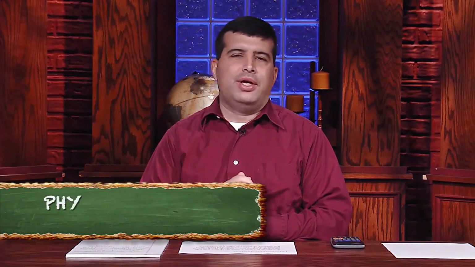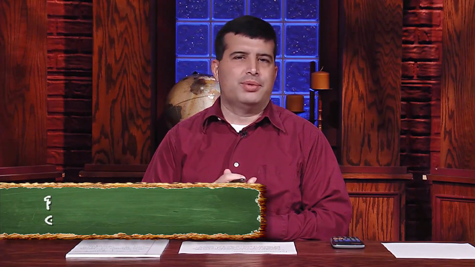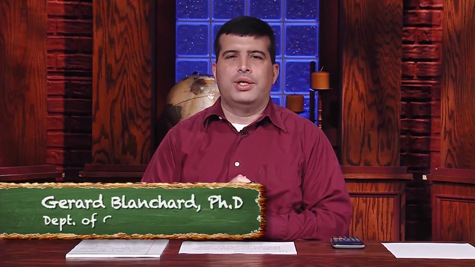Now I'm going to use this example and teach you something that we don't normally teach in Physics 191, but it's something that follows naturally from this course and is within the range of what can be understood from Physics 191. We're going to use momentum ideas to estimate the forces involved in a collision.